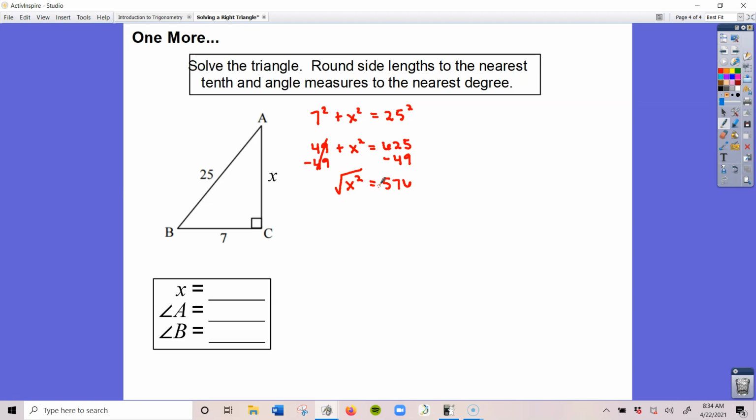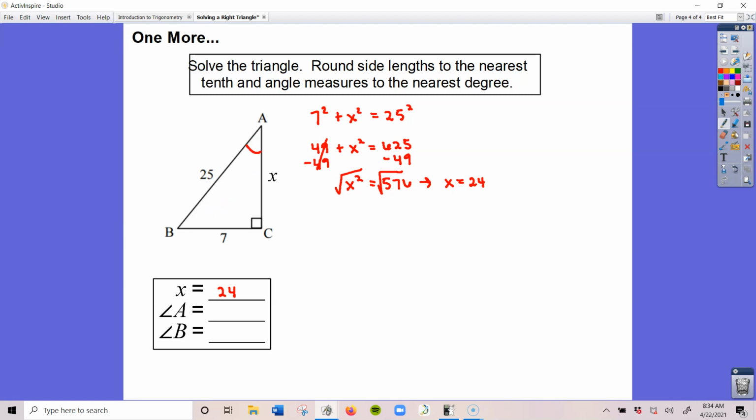Finally, we square root, and the square root of 576 is 24. So x is equal to 24. Now we're going to solve for these missing angles.